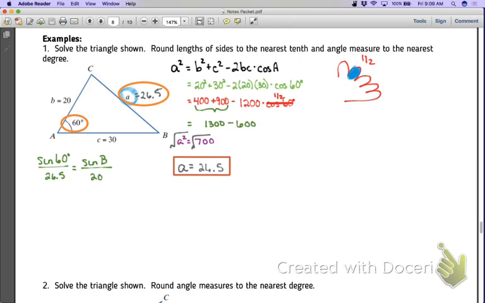So I'm going to take sine of 60 times 20, and then divide by 26.5. Then do the inverse of that decimal, second sine. I get an angle measurement of 41 degrees.